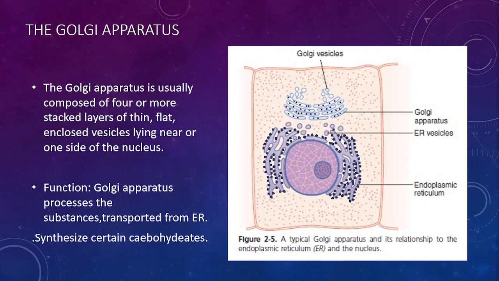They first process or modify the protein, then they put it into a bag of membrane called a vesicle. In this vesicle they put the protein and deliver this vesicle to the desired site where it is required. So packaging, processing and delivering, this is the function of Golgi apparatus in a nutshell.